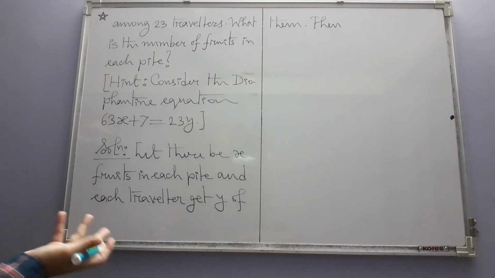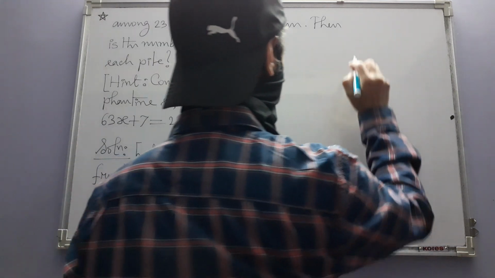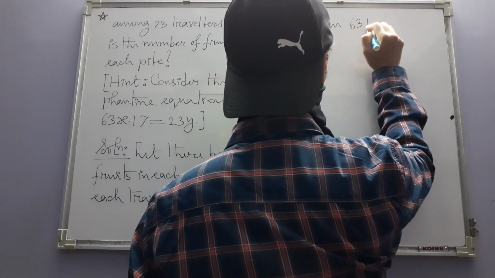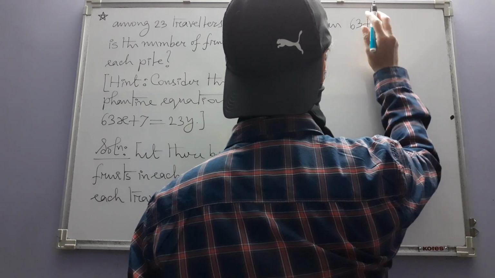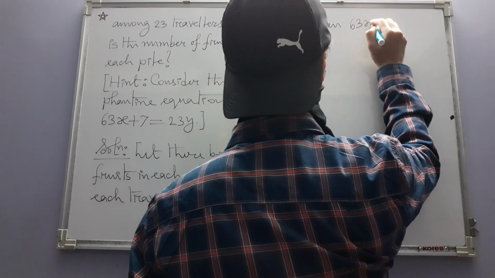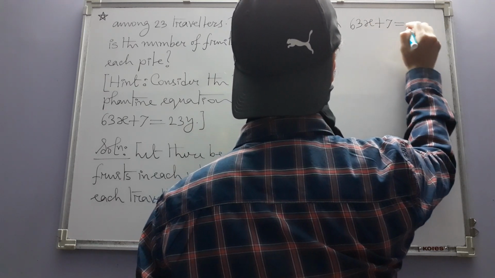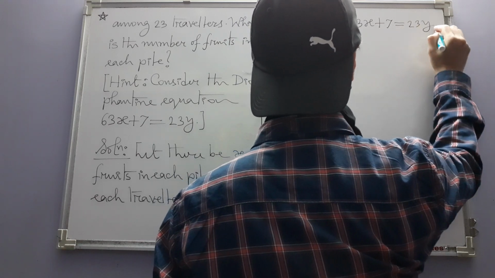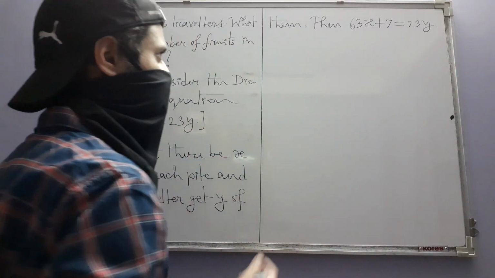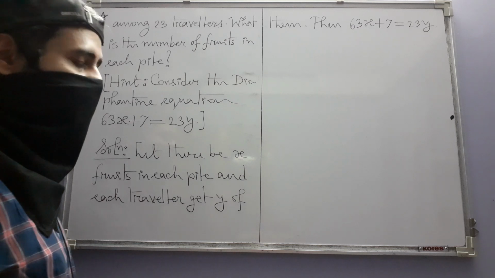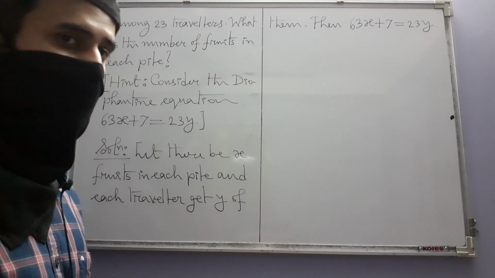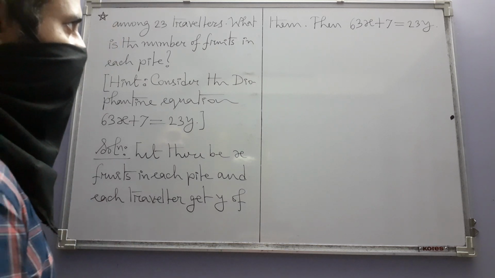Then like the hint, 63x plus 7 is equal to 23y. And both sides measure the total number of fruits, taking everything together.